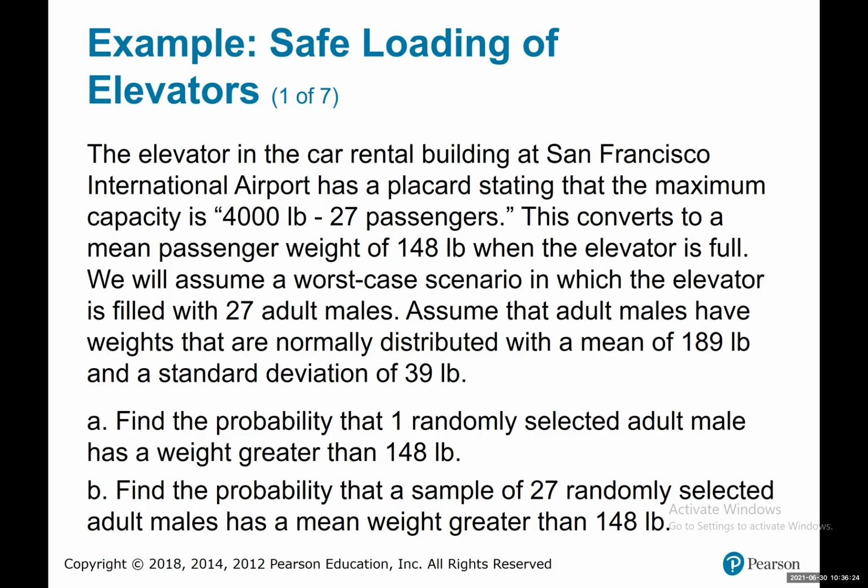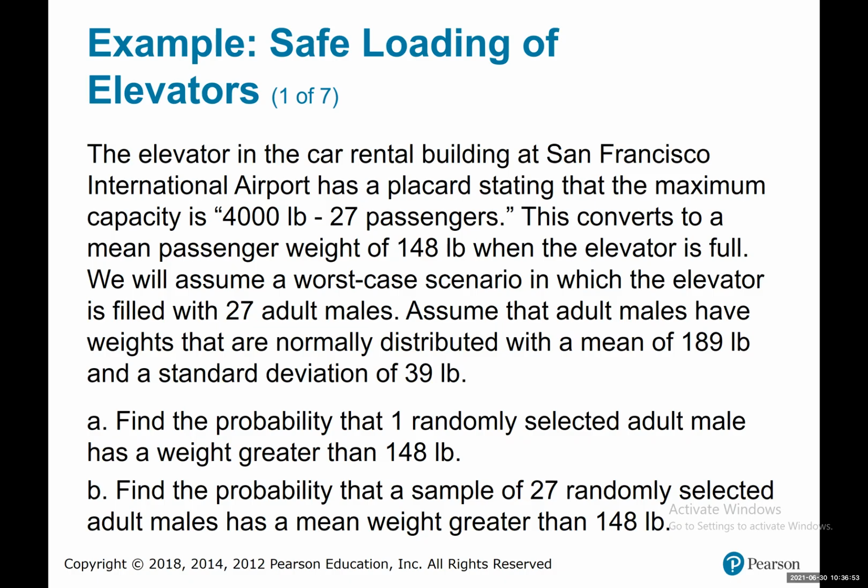This converts to a mean passenger weight of 148 pounds when the elevator is full. We will assume a worst case scenario in which the elevator is filled with 27 adult males.